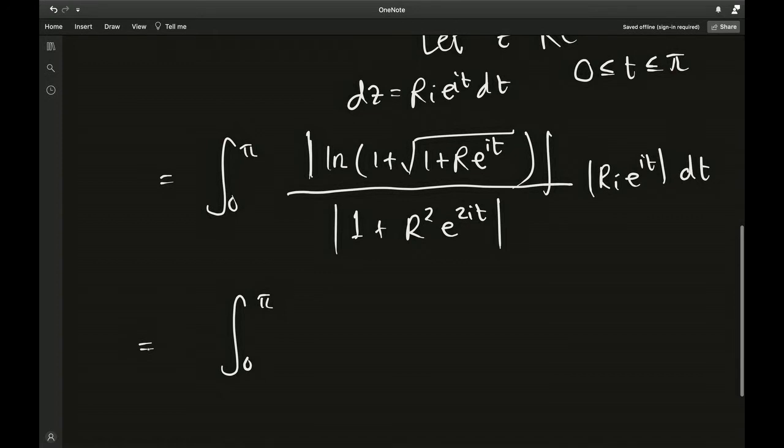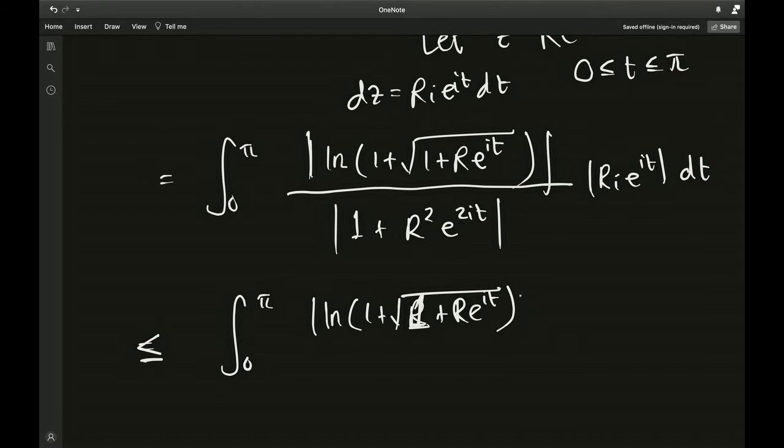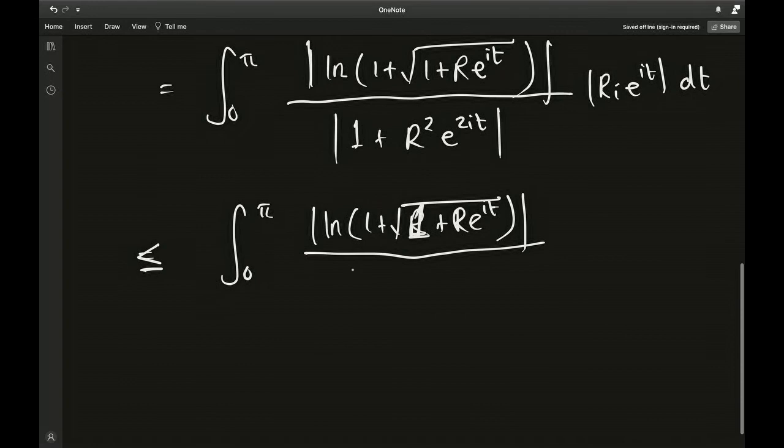I can use another identity, an inequality rather, to get the mod of natural log of 1 plus square root of 1 plus r e to the it, divided by the mod of this guy, the mod of r squared e to the 2it minus 1.